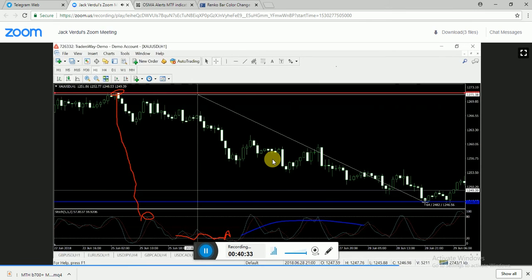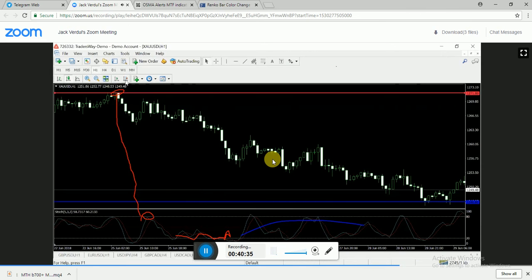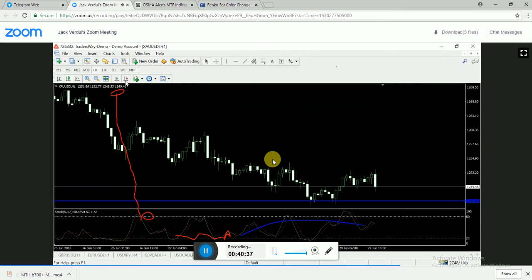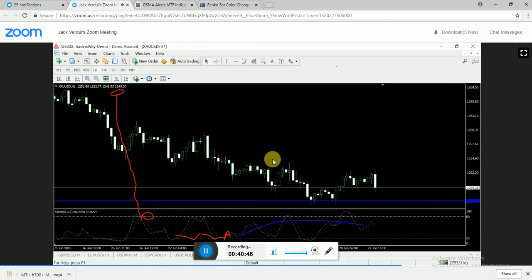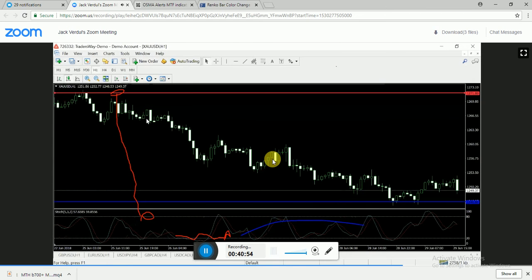Some currencies don't even move that in 2 weeks. Currencies don't move that big that often, but gold does that like it's nothing. You'll see 100 pip moves, 200 pip moves on gold every week. So gold is like a huge monster. If you master that, you'll be able to trade literally every currency.